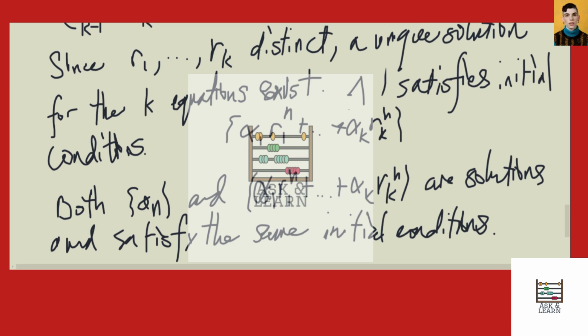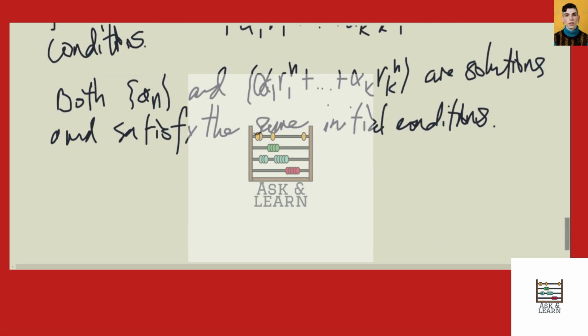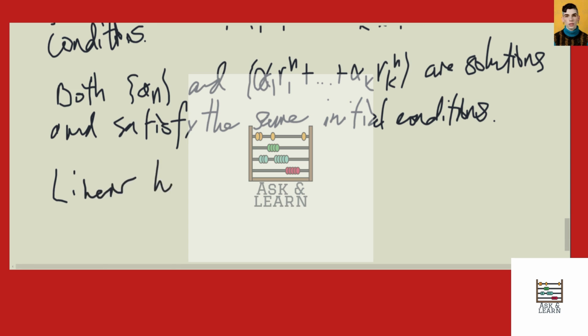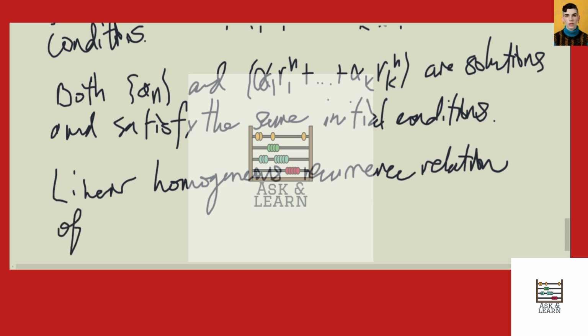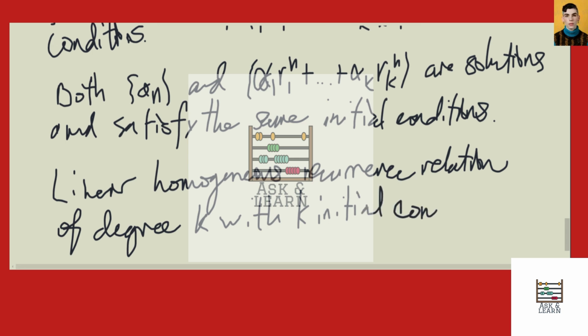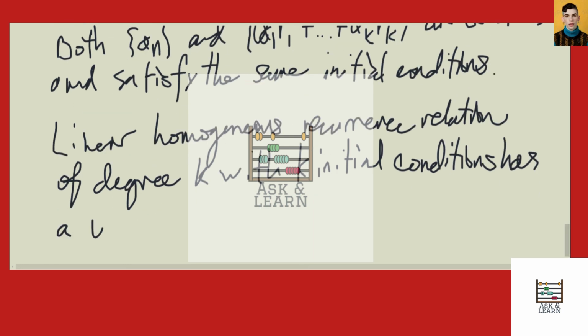And we know that a linear homogeneous recurrence relation of degree k with k initial conditions has a unique solution.